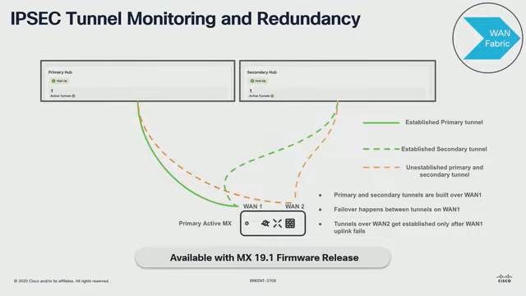A little bit on the tunnel monitoring here. We enhanced this pretty dramatically in 19. We always did this in Auto VPN, but the problem was if you were manually creating IPsec tunnels, VPN tunnels from Meraki to something, usually a non-Meraki destination, you could not have 2 tunnels with the same kind of routing configuration on them both.